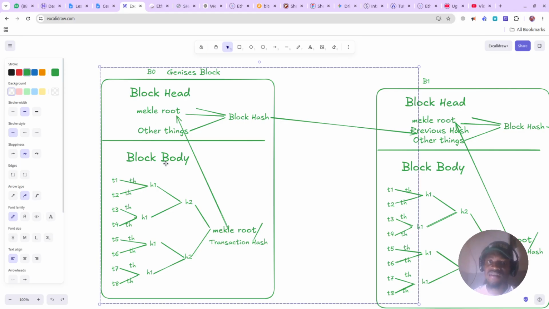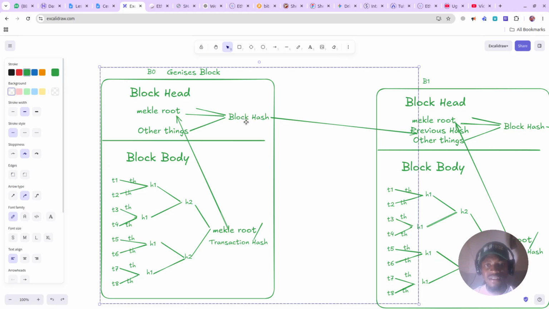Remember, this is the first block. So other things that exist in the head come here. So all these things are hashed. Remember, all of them are in a hash format. All of them also produce one hash known as the block hash.